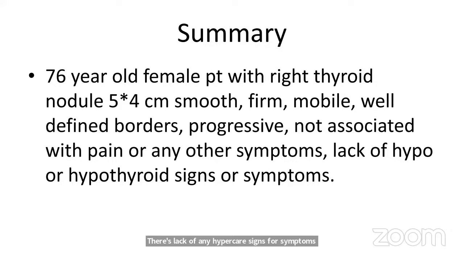So most probably from the history and the examination, my patient might be having a benign or a malignancy of the thyroid gland. Just because the swelling is progressive for the last 1 year, it leans more towards the malignancy. But on the other hand, I didn't find any invasive symptoms of the malignancy.